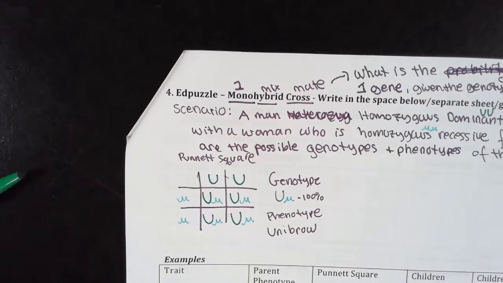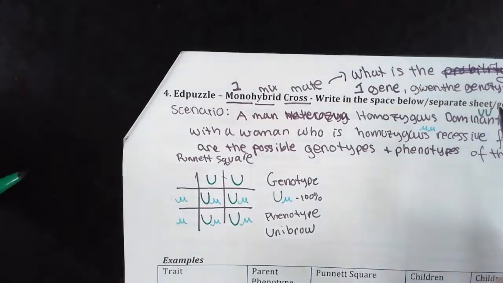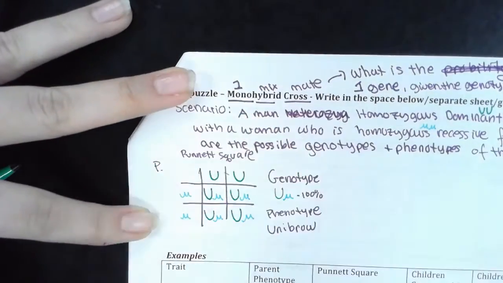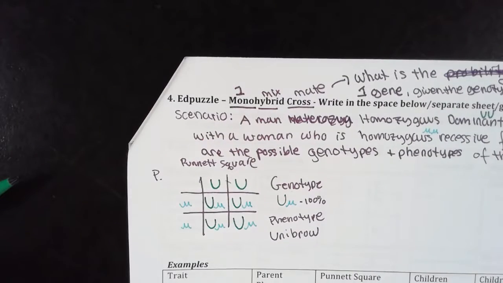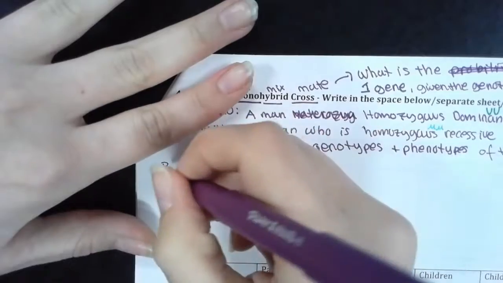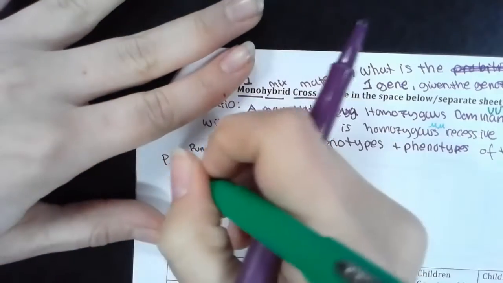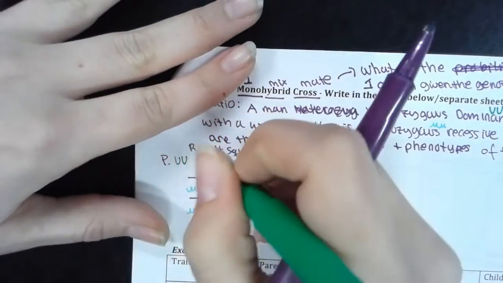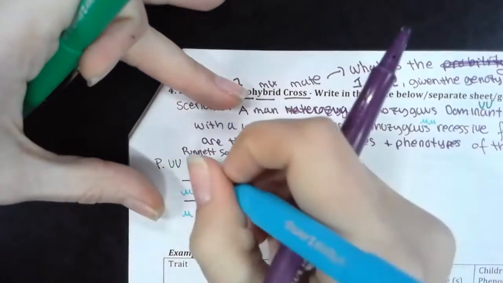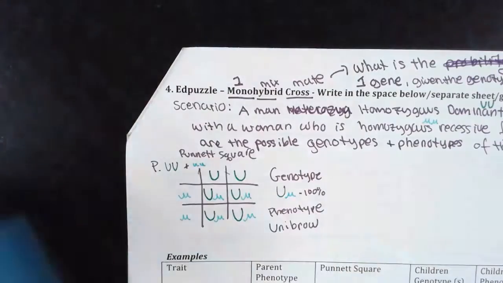Okay, now when we have an initial cross, we call this the parent cross. My parents were capital U, capital U, and lowercase u, lowercase u.